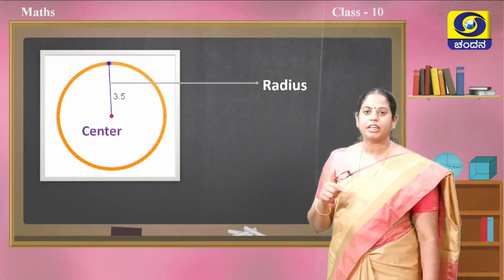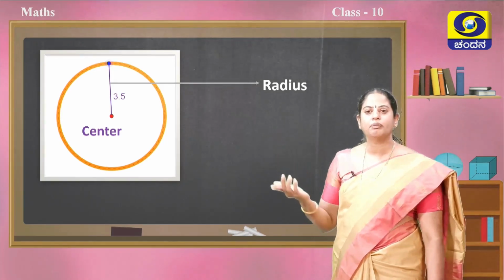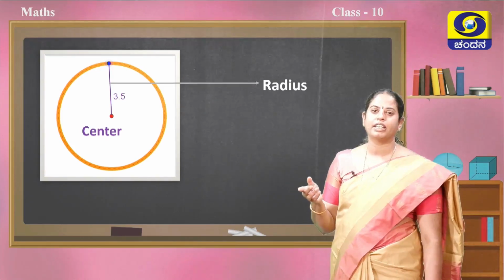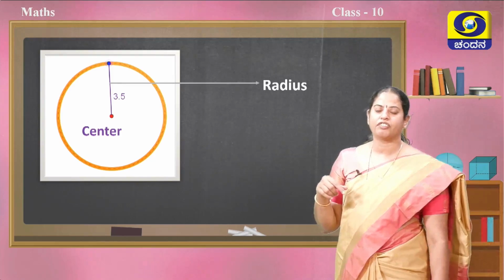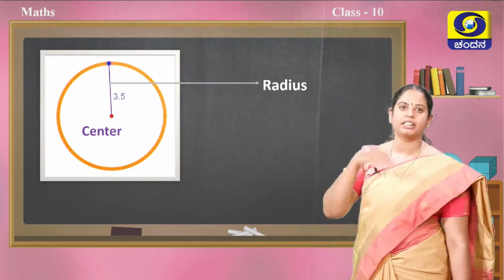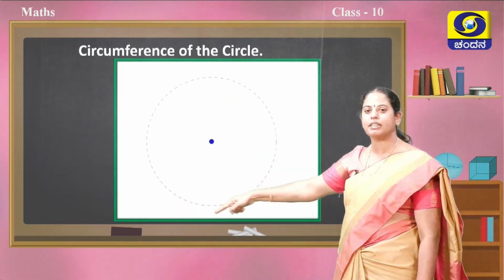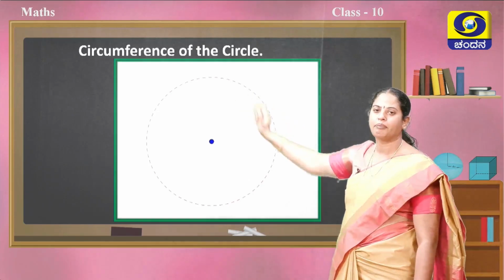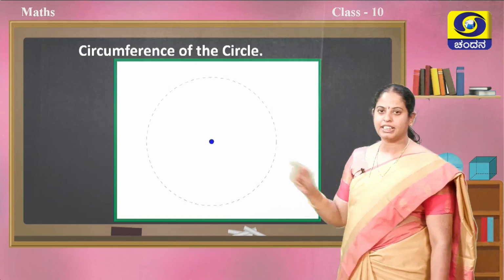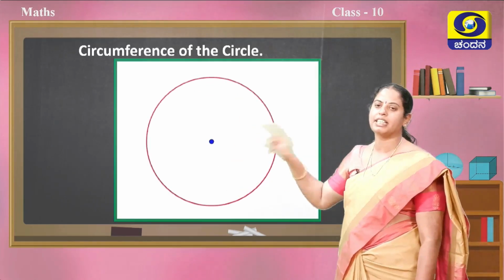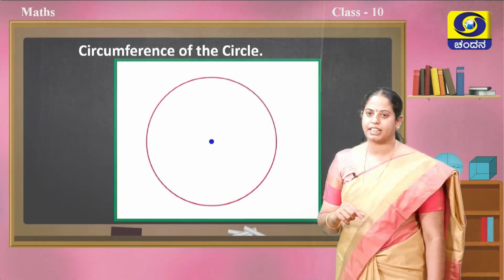And the path traced by the moving point, as we observed in the sticker activity, is called the circumference of the circle. Yes, that red line is the circumference of the circle.